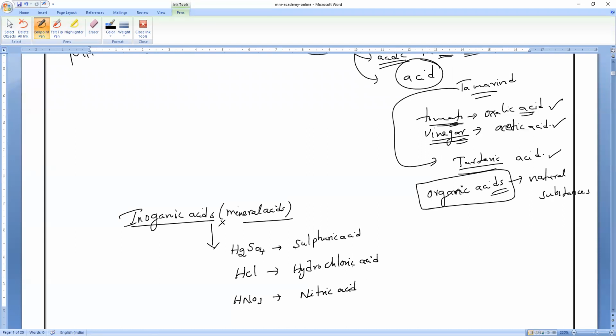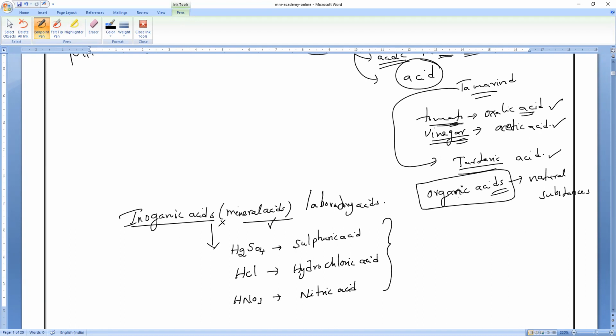So these acids, you can see, are not available in nature. They are not coming from natural substances. These have been artificially prepared in the laboratories with the help of minerals coming from the earth's crust. So that is why we can also call them laboratory acids, man-made acids, mineral acids, or inorganic acids.